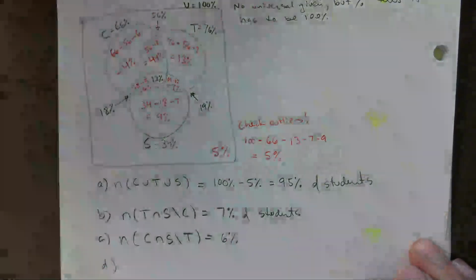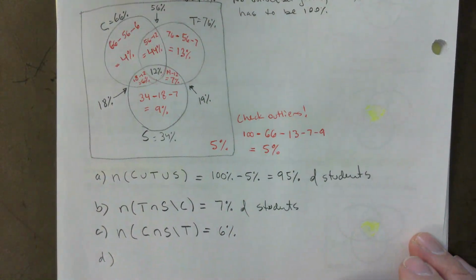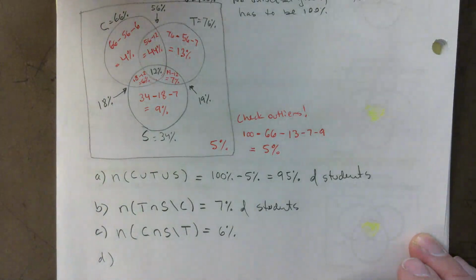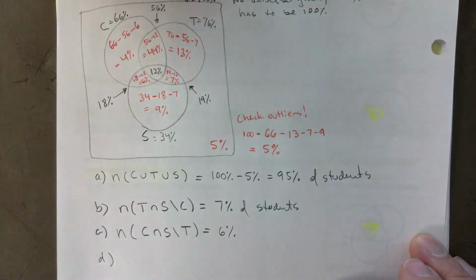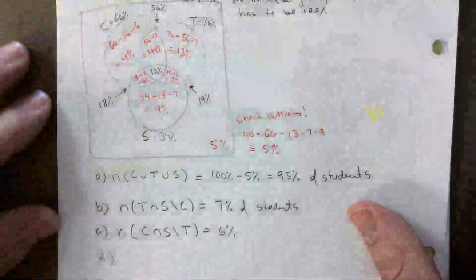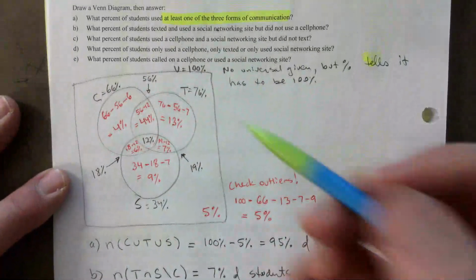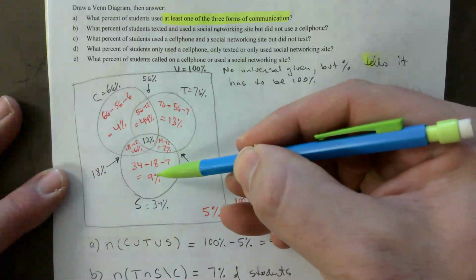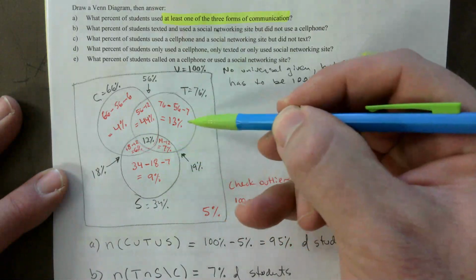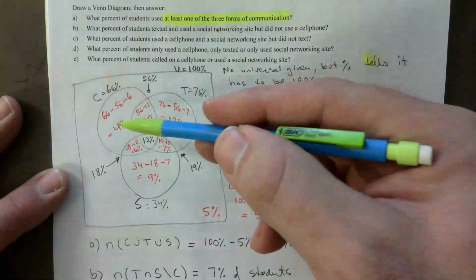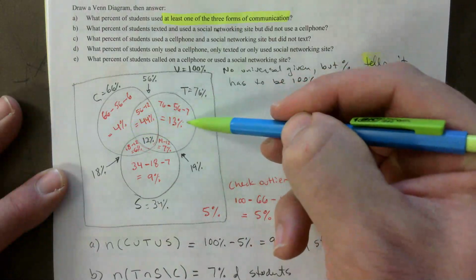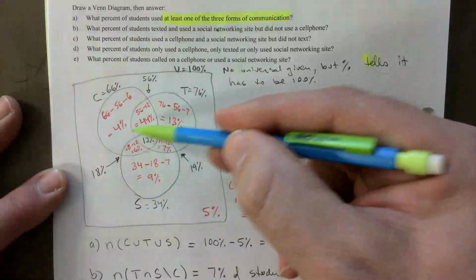D. What percent of students only used a cell phone, only texted, or only used social networking? It is asking for, watch up here, only social networking, only texting, and only cell phone. It's asking for those three numbers combined.